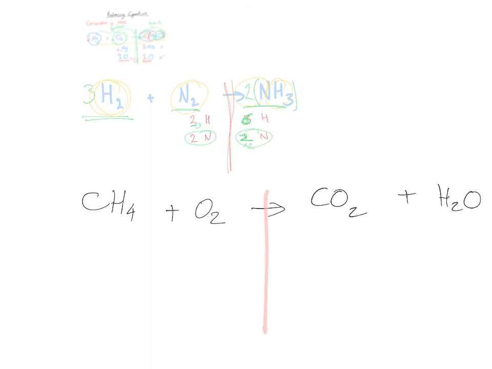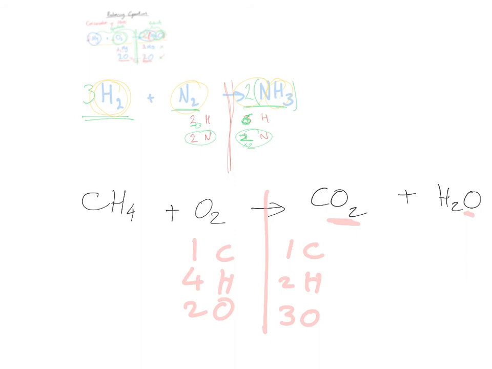Let's see what's on each side. On this side, I've got 1 carbon, I've got 4 hydrogen, and I've got 2 oxygen. On this side, I've got 1 carbon, I have got 2 hydrogen, and I've got 3 oxygen. The reason I've got 3 oxygen is because I've got 2 there and only 1 there.